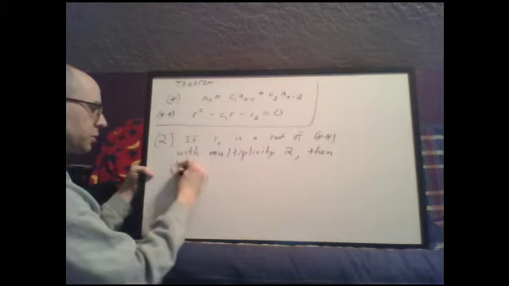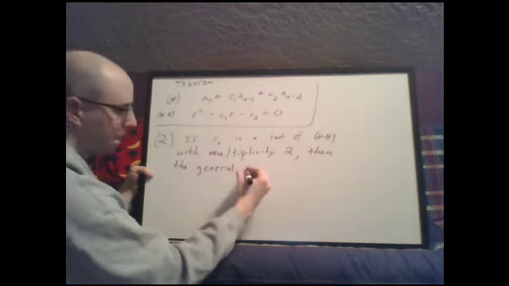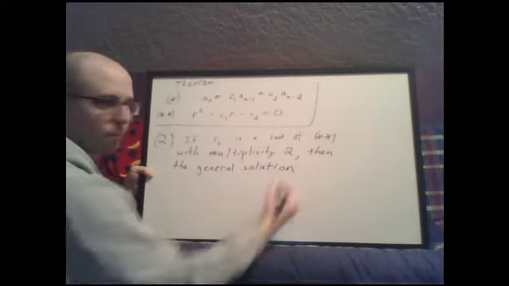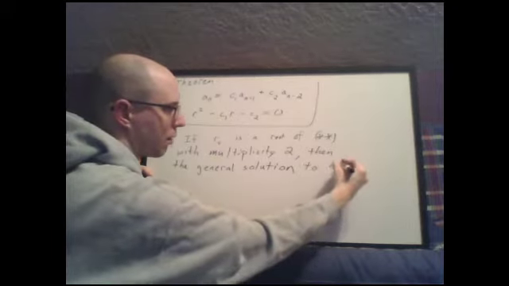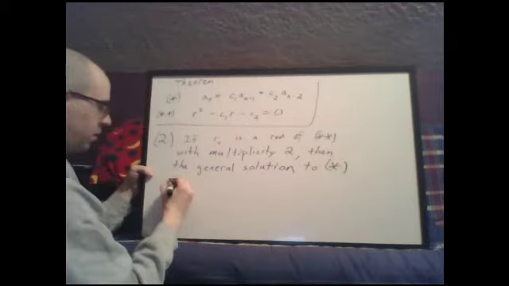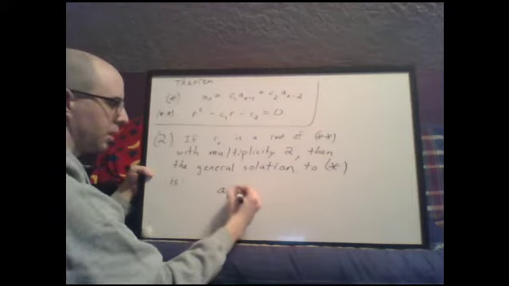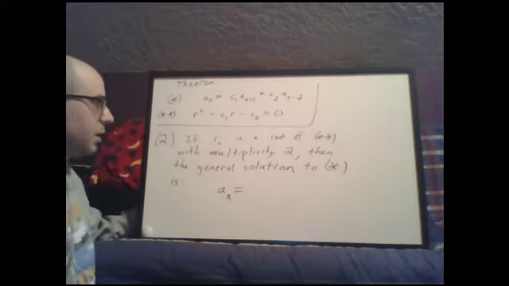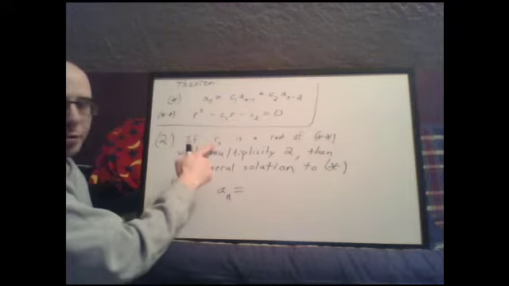The general solution to star is a_n equals, well, it's like we have two roots. It's just since multiplicity 2 that both of them are the same.